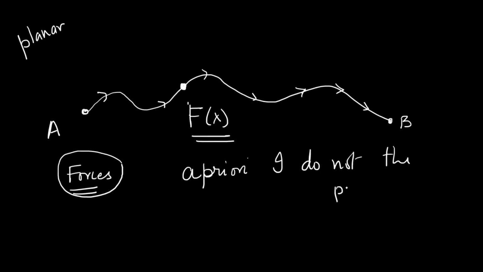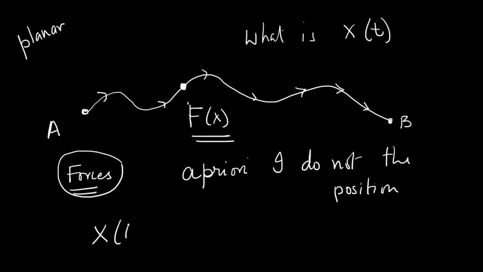In fact, if you think about it a little bit, that's the problem. What is the position at different times as it moves from A to B? So the position at different times is unknown. That's the real unknown in the whole problem. And therefore, if you want to tell me the force in different positions, it's equivalent to asking the position.